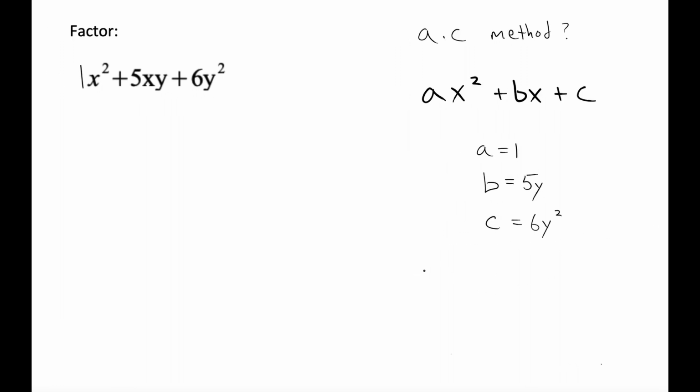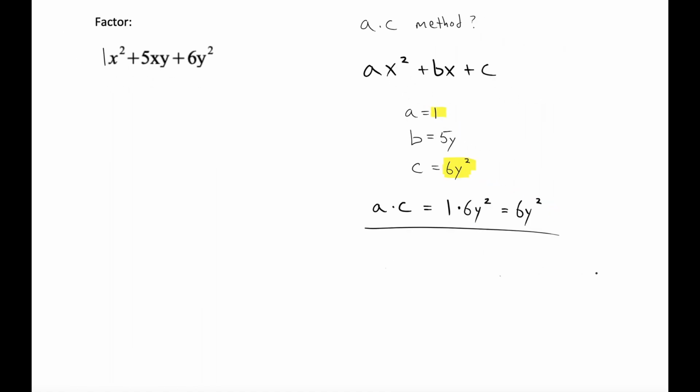So in the AC method, you're supposed to, on the side, multiply the a times the c. So in this case, multiply the 1 times the 6y squared, and that's obviously going to be 6y squared. We would now look for factors of 6y squared that would not only multiply to 6y squared, but also add to the b term.